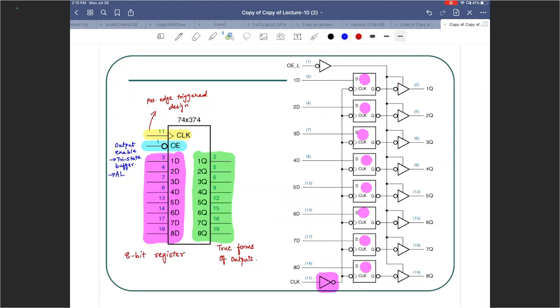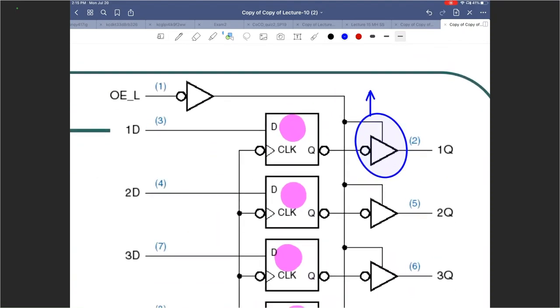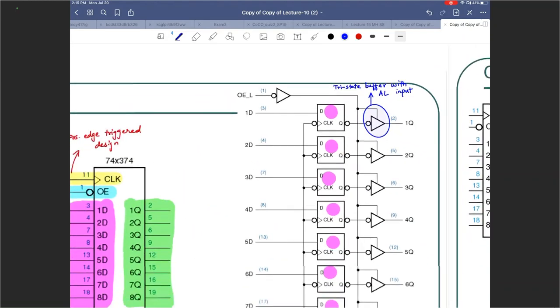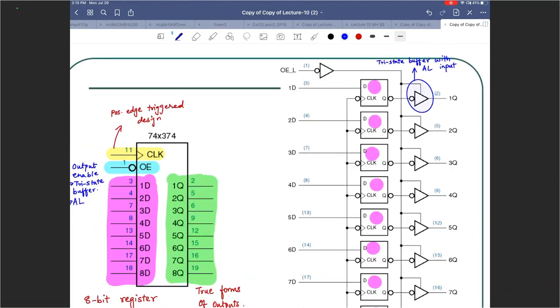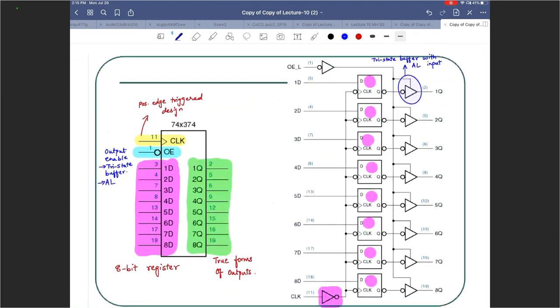So this guy is a tri-state buffer, or 3-state buffer, with active low input. So let's try to do this. What is going to happen? I want this to happen.